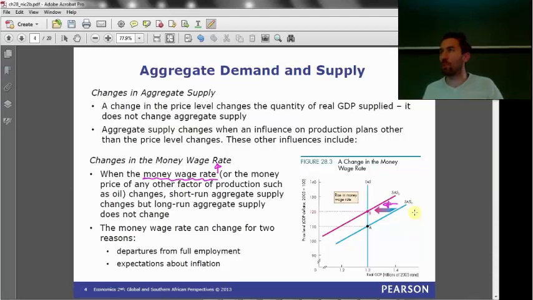Because it costs more to produce, which means you need a higher price to supply the same quantity of goods to the market. So nothing special about that. What is going to be special is when we talk about why the money wage rate will adjust, and we'll talk about that just now. And that brings us to the labor market. And that's when things start getting quite exciting.